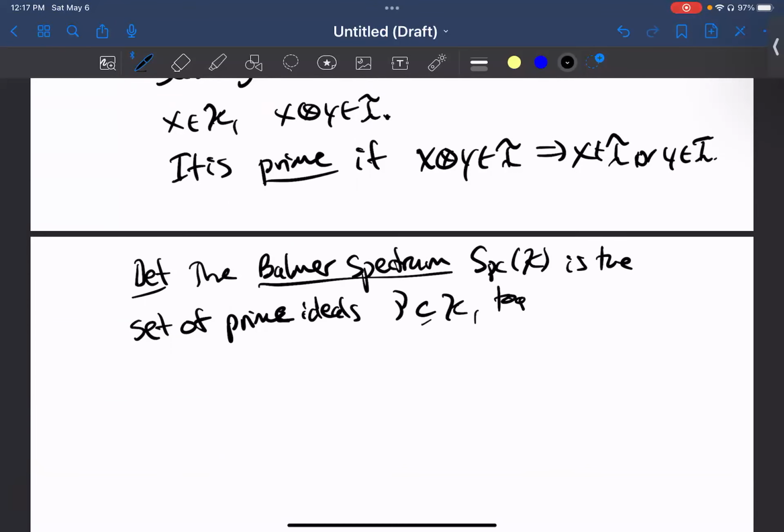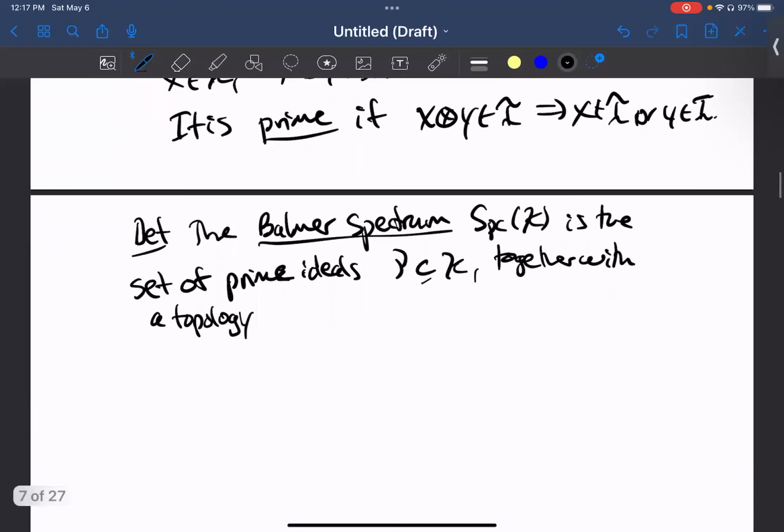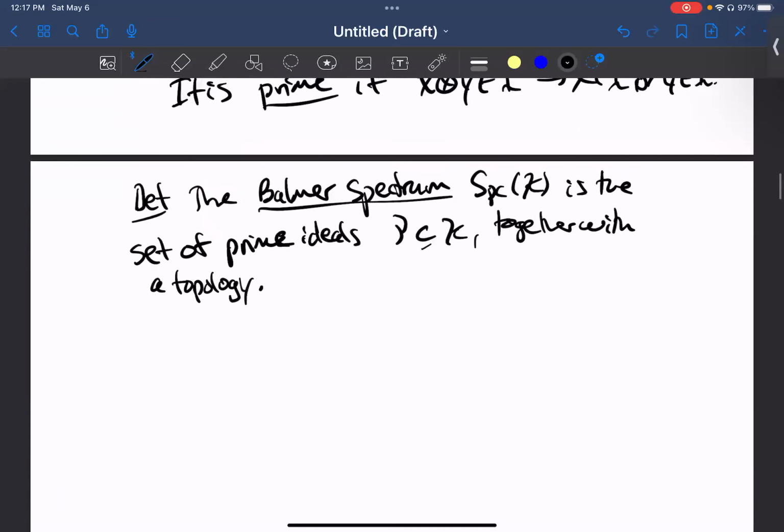together with a topology. This is going to look a little bit different than the Zariski topology if you're thinking in terms of elements. If you think about it in terms of support of modules, this is pretty much exactly how you would define the Zariski topology. So we want closed supports.